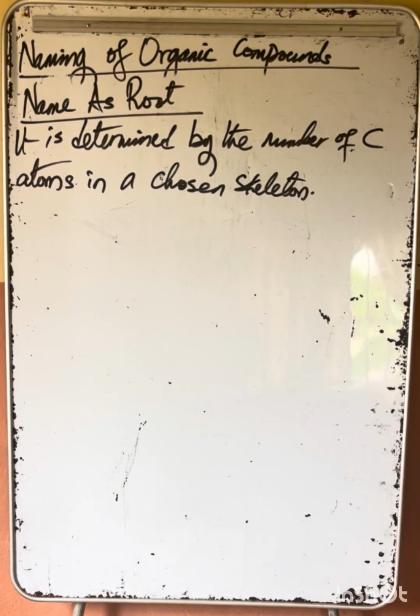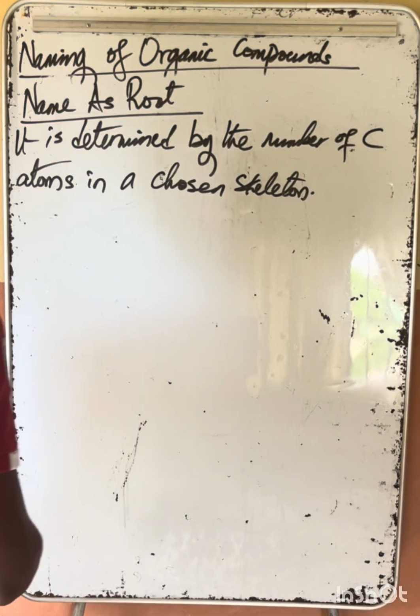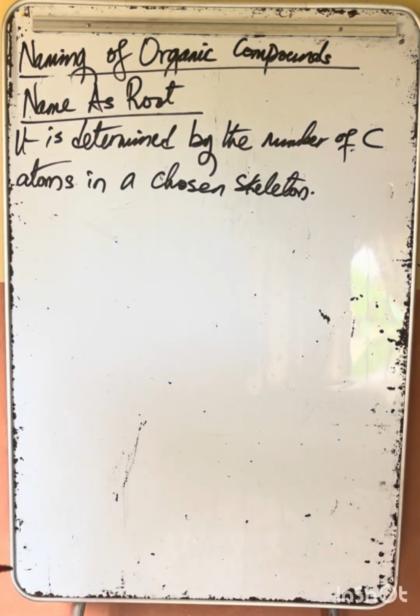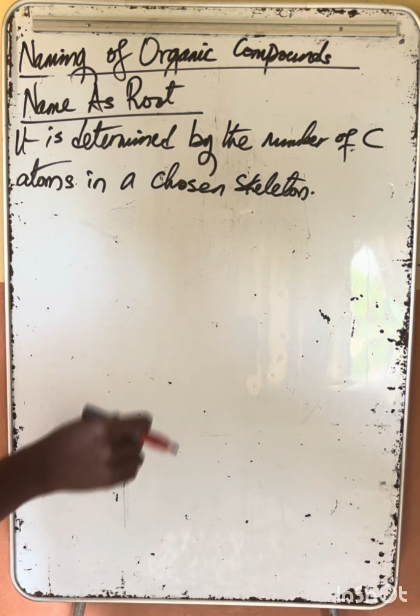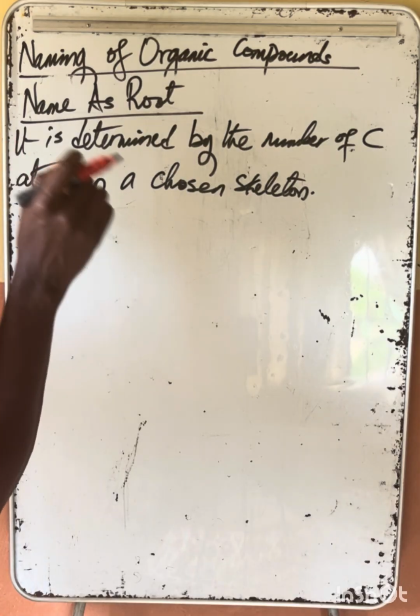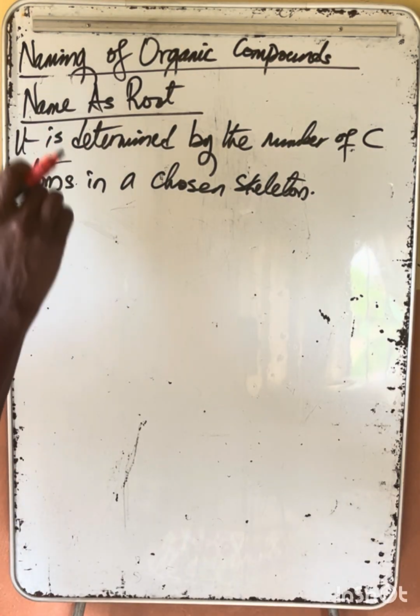In this naming, I will show us the name as root from carbon atom number 1 to 10 at least. That will take care of the WAEC, the NECO, the IGCSE, even the JAM.